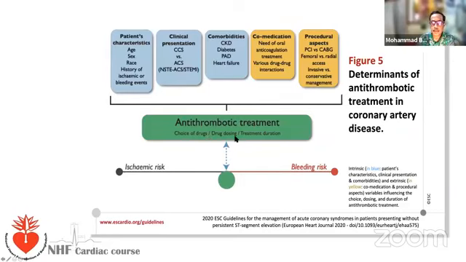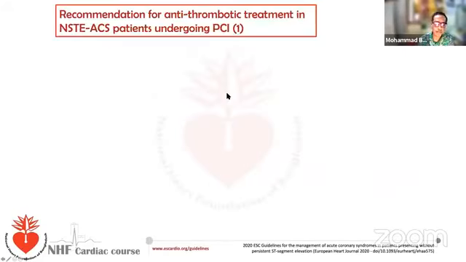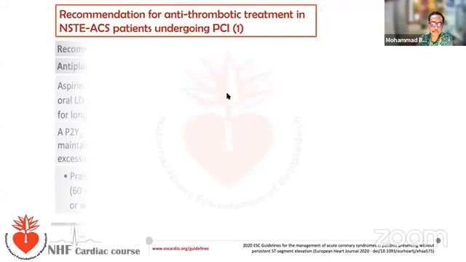The choice of drug, dosing, and treatment duration depends on patient characteristics like age, sex, race, clinical presentation like CCS versus ACS, comorbidities like CKD, diabetes, peripheral artery disease, co-medications like patients who are already on anticoagulation, and procedural aspects like PCI versus CABG, femoral versus radial access, invasive versus conservative management. So considering all these factors, we should balance the ischemic and bleeding risk. And after that, we should start the antithrombotic or antiplatelet treatment.